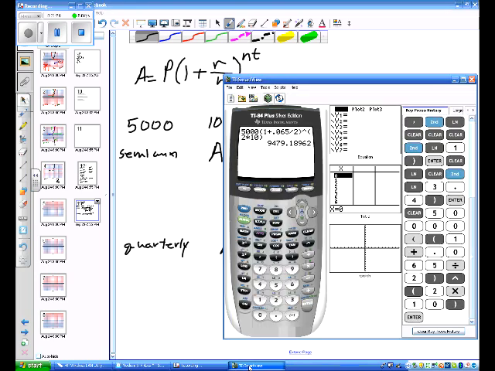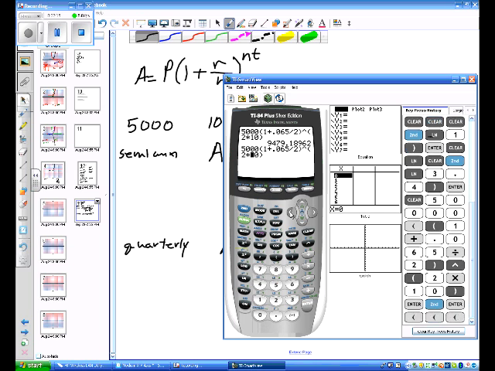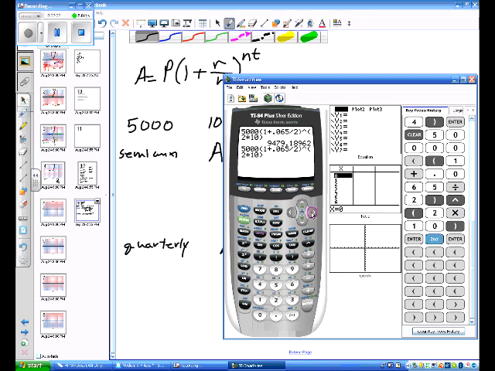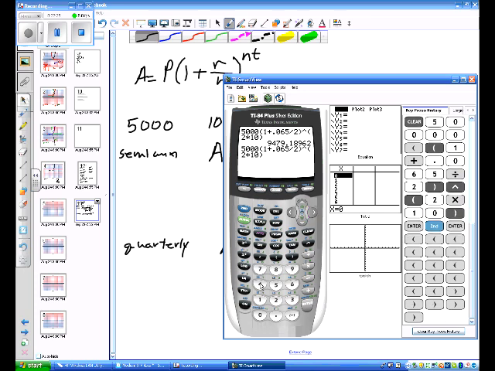Now, if we go back to our calculator, notice a lot of that's the same as what we just put in, but we need to change how many times it was compounded and what we raise it to. So if we go to our calculator and press second and then enter, it brings up that last problem. And we can just go back in there. You can back arrow. Oops. And we're going to make that a 4 because we're compounding it quarterly.